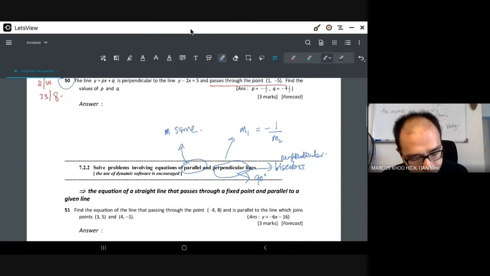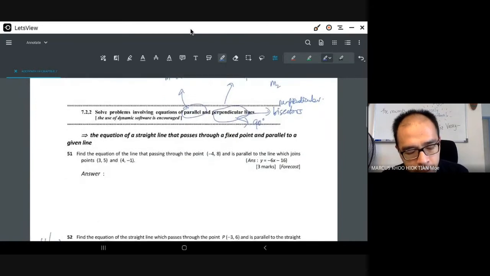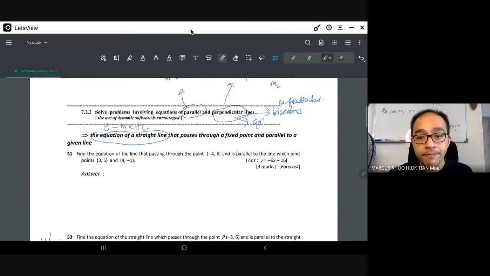Now this next part is we want to find the equation of a straight line. The equation of the straight line is generally written as y equals mx plus c. After being given the information, we want to find the equation of that straight line, which is either parallel or perpendicular to another line.